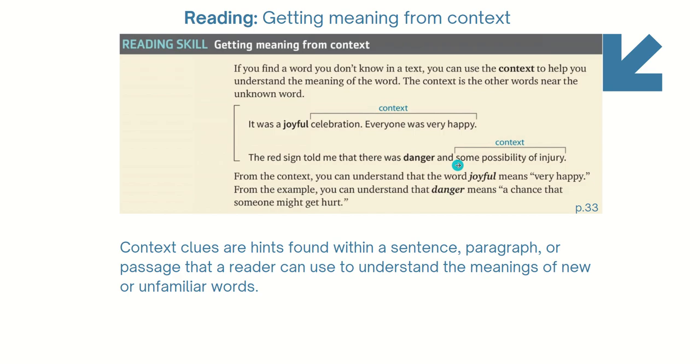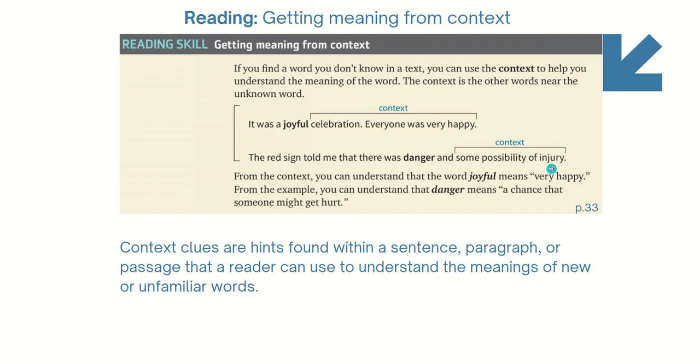So the context is at the end of the sentence: danger and some possibility of injury. So it means what? Injured. If you do not know the meaning of the word injury, you will get nothing. You cannot guess what danger is.